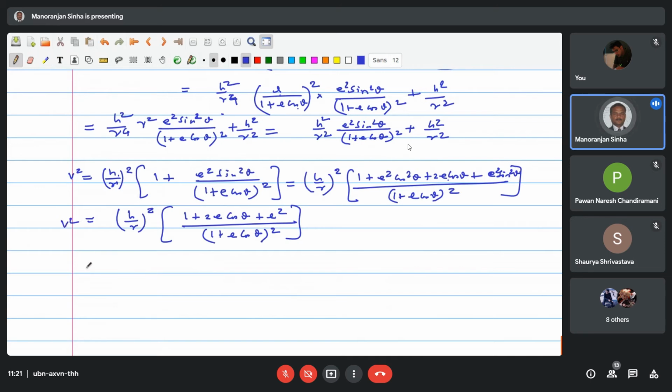Some more simplification is possible if we write H square here as mu times L. This becomes H square as mu times L, and below R there are other things inserted here. So mu times L by R is 1 plus E cos theta.